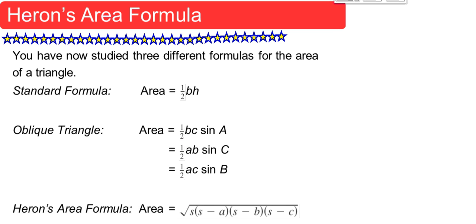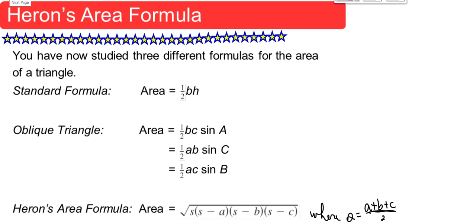The oblique triangle, that's using the law of sines idea. And then Heron's area formula, which is this one. And then it doesn't say on this handout, but we would add where S equals A plus B plus C divided by 2, just to know for sure what that is.